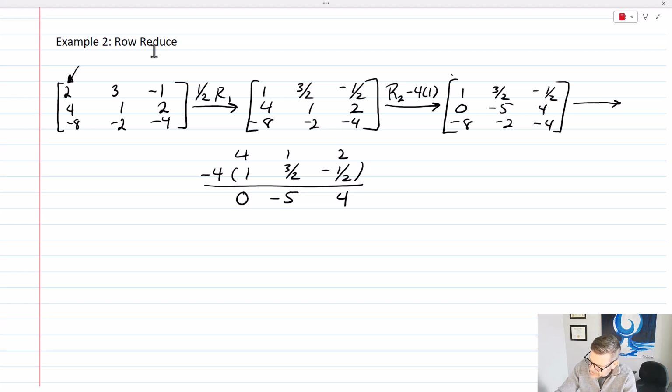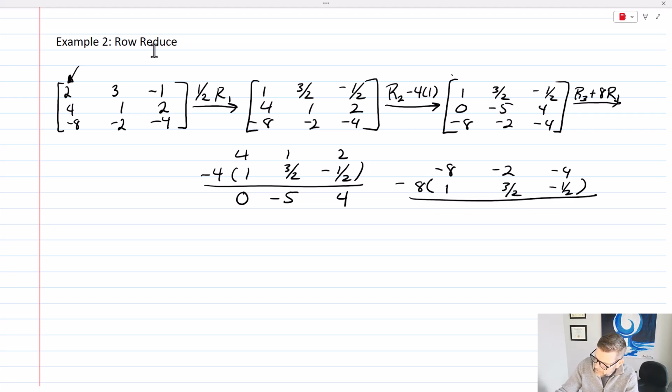Then again, I'll zero out below that leading 1. So I'm going to take row 3 plus 8 times row 1. And doing a little bit of math here, I got negative 8, negative 2, negative 4 plus 8 times 1, 3/2, negative 1/2. We'll add those two together.